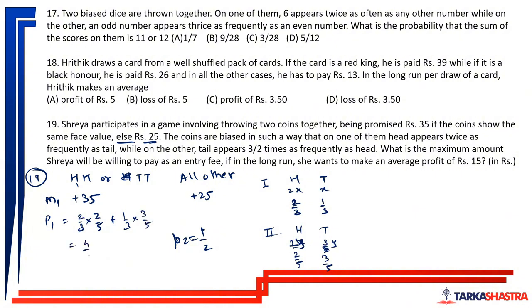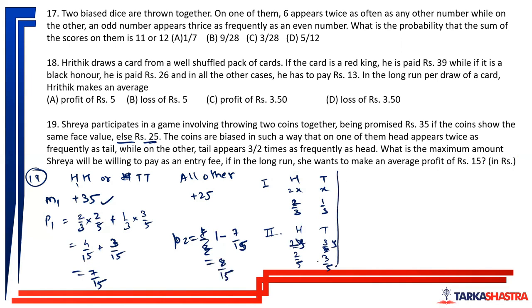So this is 4 by 15 and this is 3 by 15, total 7 by 15. So the probability of getting rupees 35 is 7 by 15. Now the probability of all other cases will be 1 minus 7 by 15, which is 8 by 15.